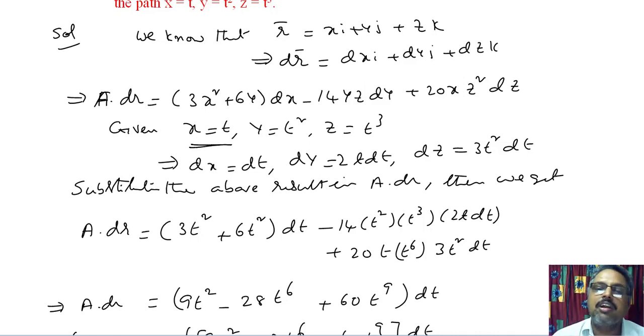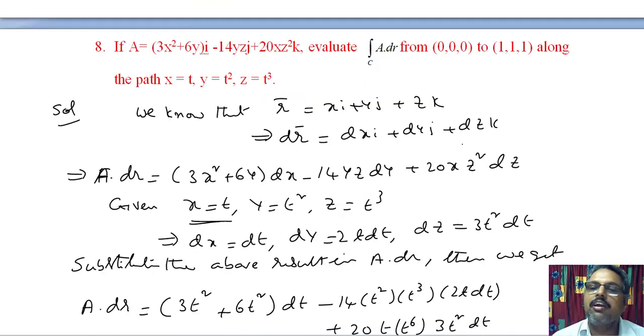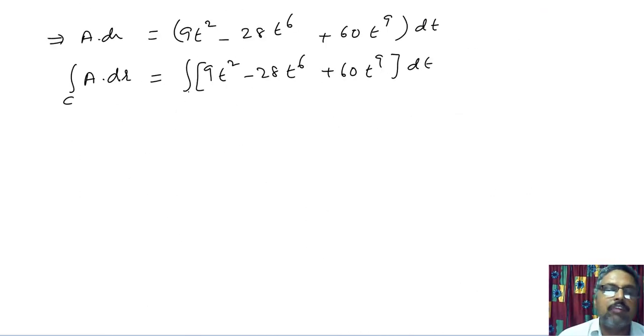Now the integration is 9t³/3 − 28t⁷/7 + 60t¹⁰/10, with limits 0 to 1. Put t equals 1. This is 3, this is 4, plus 6. If you put t equals 0, the entire thing is 0.